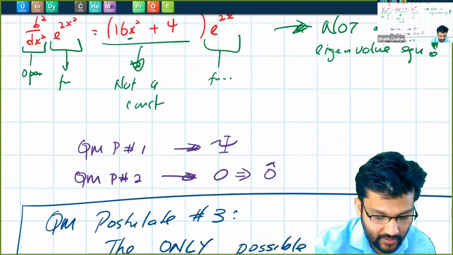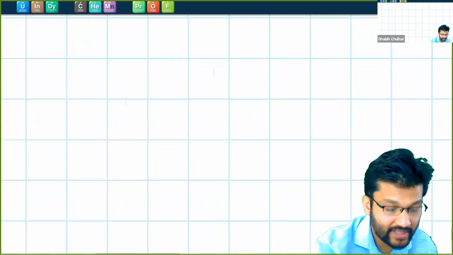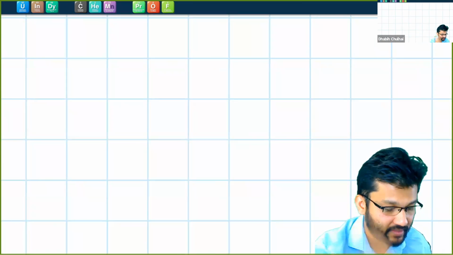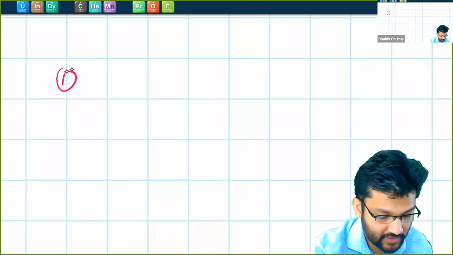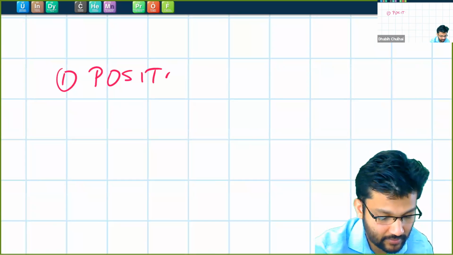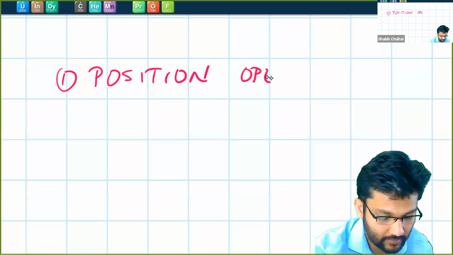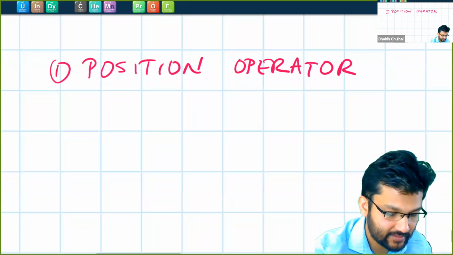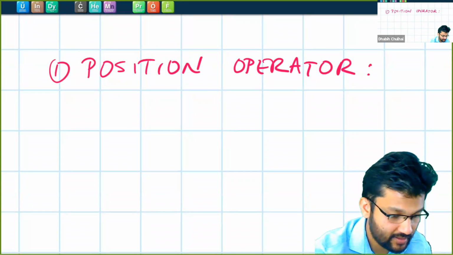What else? Yeah, so really there's only 2 operators that are of major importance, right? The first one is the position operator. And I think somebody, maybe Aaron, alluded to this earlier.